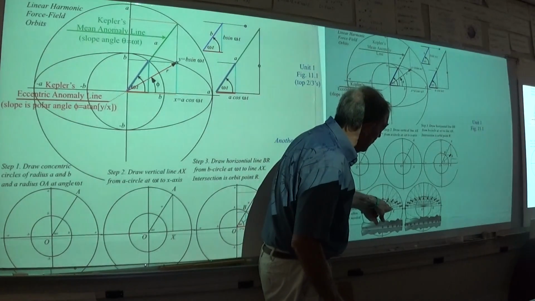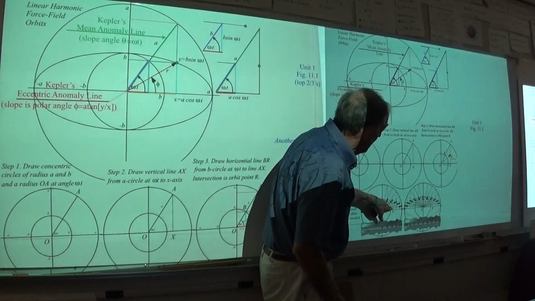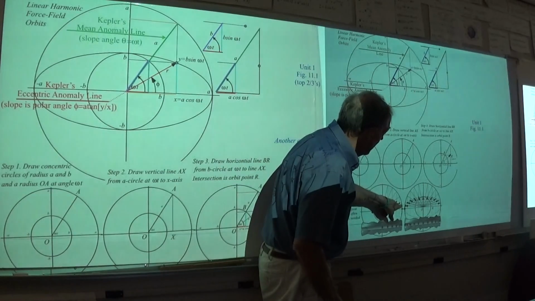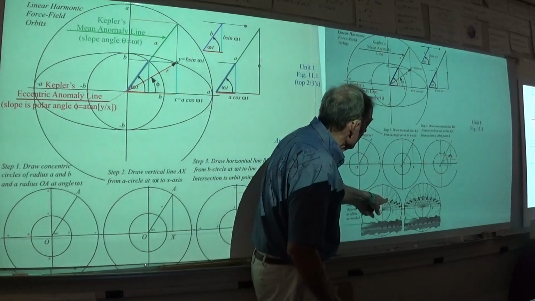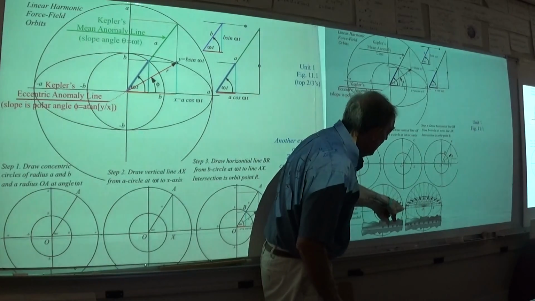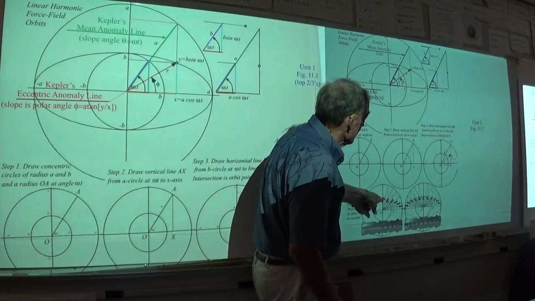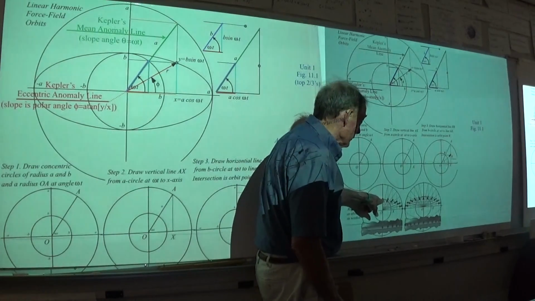Here it's moving fairly slowly along that curve, but it picks up speed. Each of these is an equal time interval, not much happens in the first one, but then a little bit more and a little bit more, and now it's really going at its maximum speed right there.